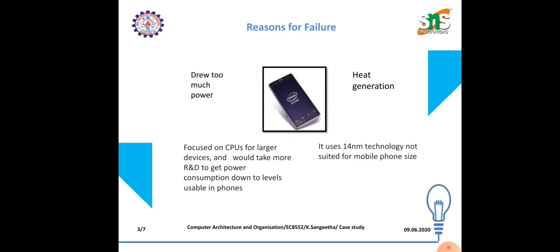And the power consumption is much higher for Intel CPUs, which is not suitable for smaller capacity devices like smartphones. And the heat generation is the major problem that is unsolved by Intel Corporation, and Intel does not want to take all the effort to make their chips compatible and popular.